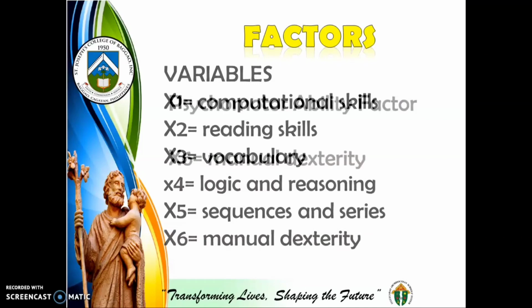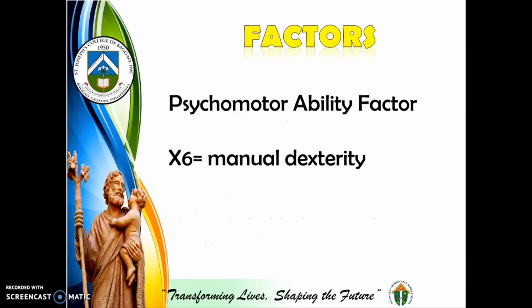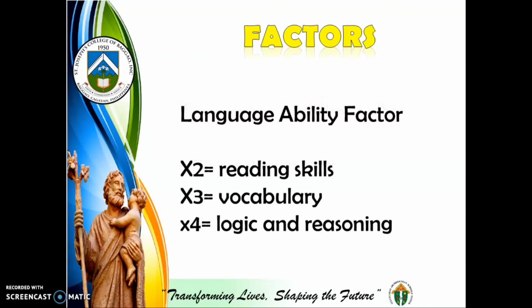So, let's group them in order for us to be able to form a factor. We have the first factor, or group 1, which is the psychomotor ability factor, which includes X6, manual dexterity. We also have group 2, which comprises the language ability factor, which includes X2 reading skills, X3 vocabulary, and X4 logic and reasoning.